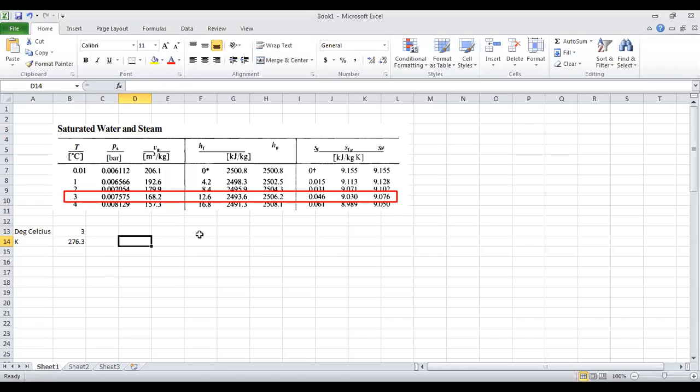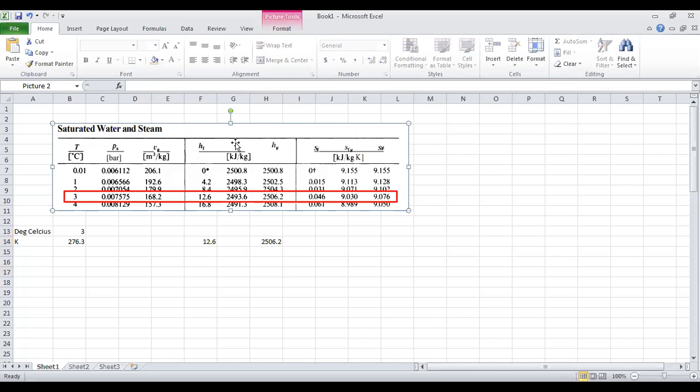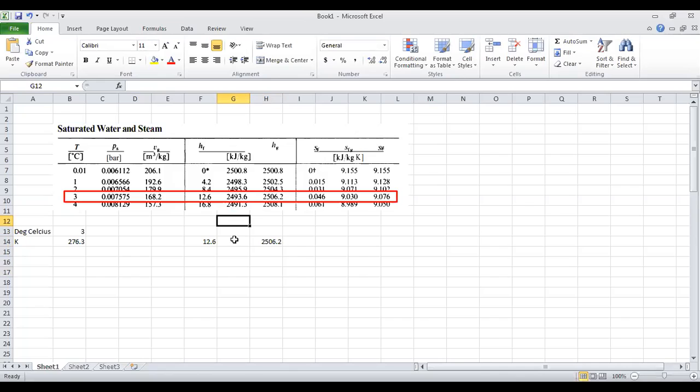Now I write this hf value here, not the unit, kilojoule per kilogram. This is 12.6. Then hg, 2506.2. Later we will discuss what these are. So the middle term here should be hfg.